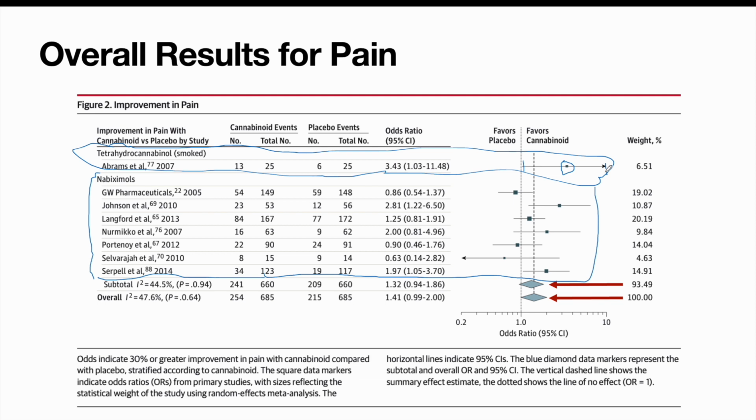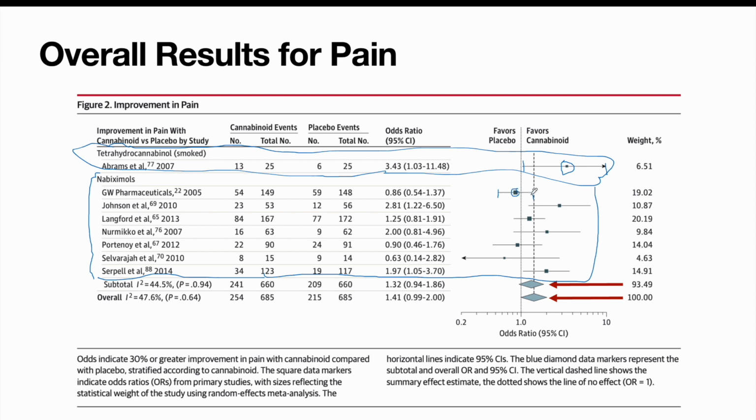Okay. Now, when we come down to nabiximols from GW Pharmaceuticals, we see our mean is over here on the left side of the one. And here's our 95% confidence interval right here. We see that our confidence interval crosses the line here.